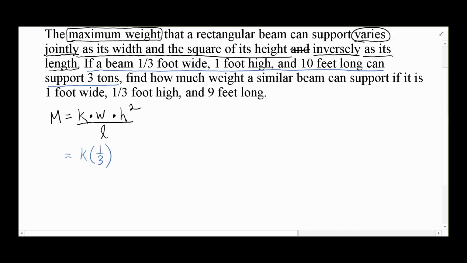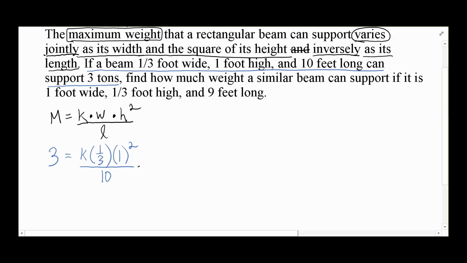We have 1 foot high. Our length is 10 feet, and the maximum weight it can support is 3 tons. Now this looks weird with a fraction within a fraction, but you don't need to solve this all in one fell swoop. Take it apart one piece at a time.